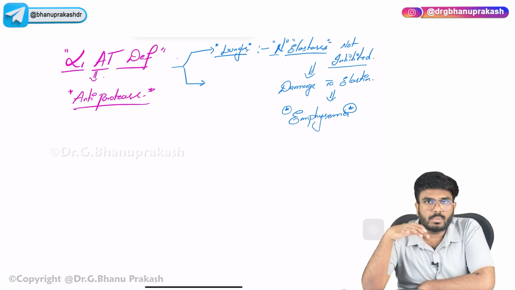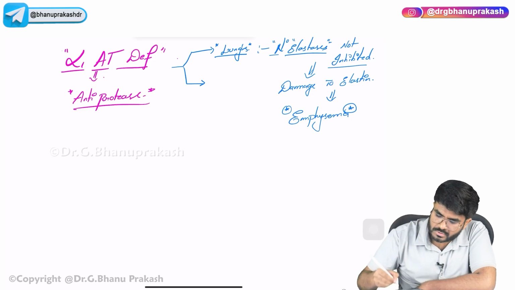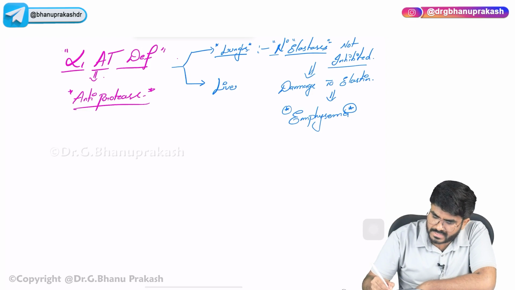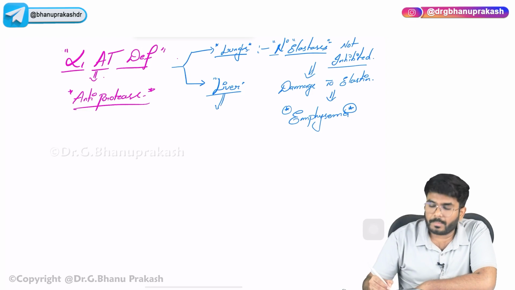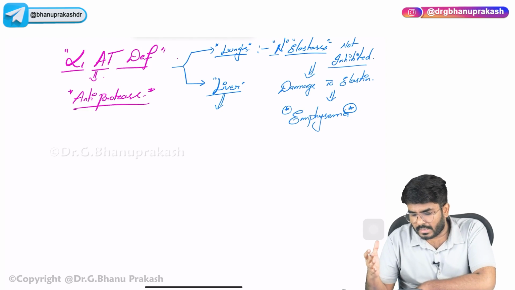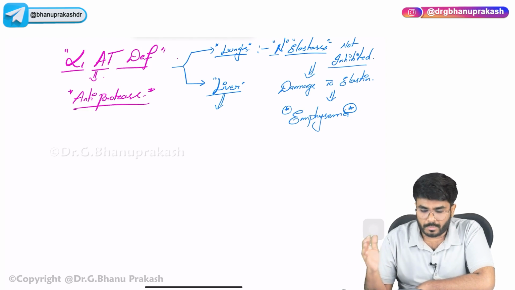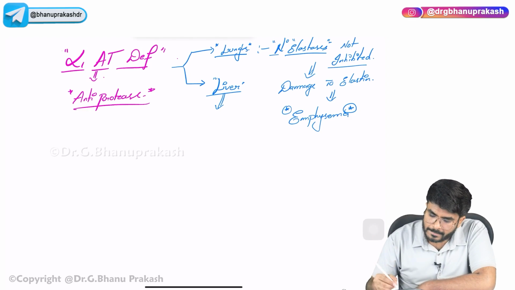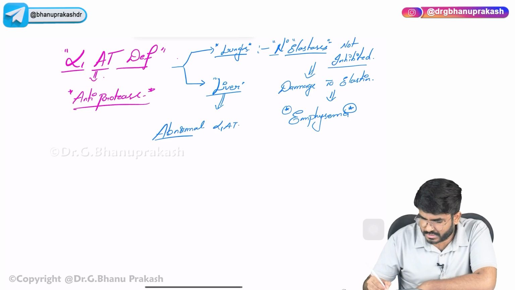That's the lung-related problem, but right now we are discussing liver pathologies. This liver pathology is less common. What happens in the liver is not just the antiprotease deficiency, not just the neutrophilic elastases causing the problem. Here, abnormal alpha-1 antitrypsin is produced from the liver.